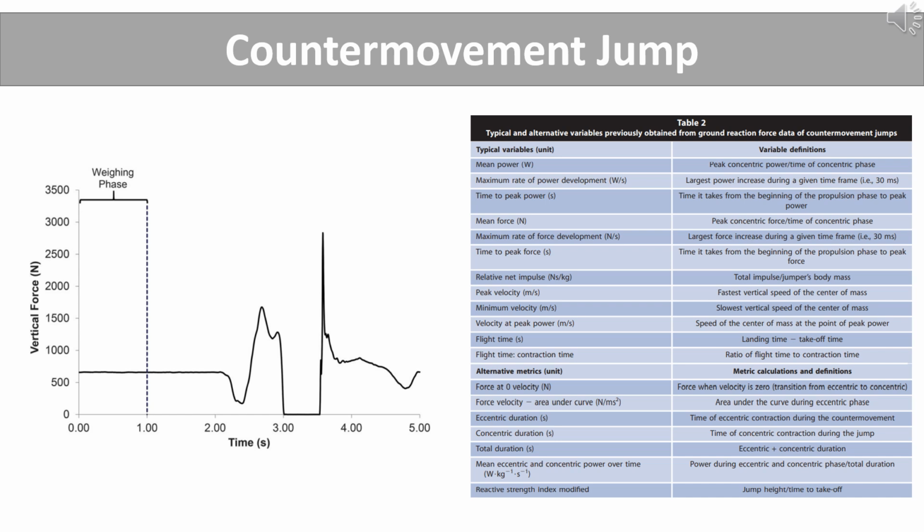So the counter movement jump is probably one of the tests that we see most commonly in research papers and in practice, and it's because it's so quick, simple and easy to perform.